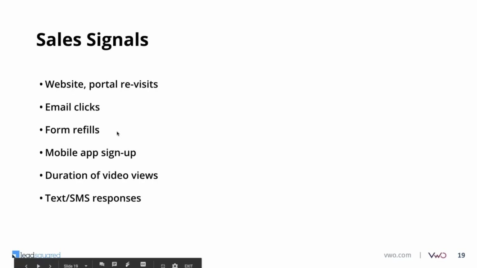LeadSquared system is primarily used by businesses to increase their conversions around leads which are generated from their website or other offline channels, and to uplift and drive the conversions of those. What we found in our experience is how to drive the conversion.